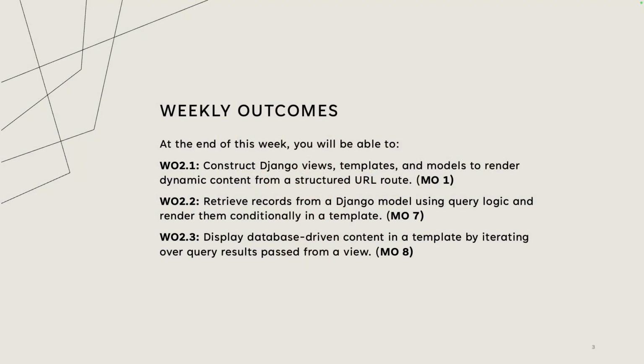And then lastly, you will display database-driven content in a template by iterating over query results passed from a view. This means that by using ORM-based techniques and not SQL, or as you might know it, SQL, you'll be able to manipulate the data in your database and display it on a page.